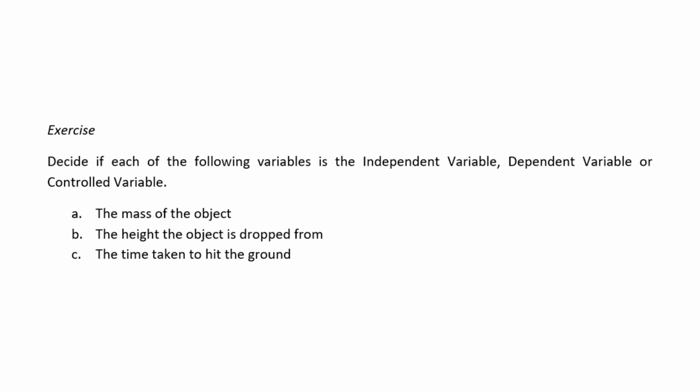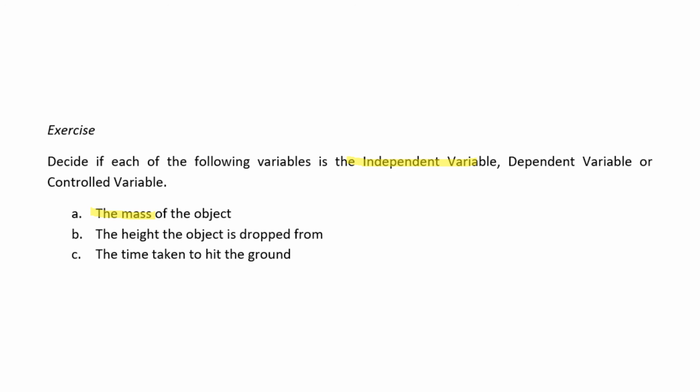But I chose 1 heavy book, 1 moderately heavy wallet, 1 moderately light correction pen, and 1 very light bottle cap. So I was choosing objects of different mass. So the mass of the object is going to be the independent variable.